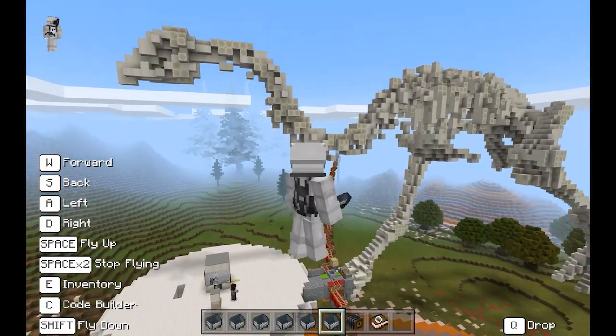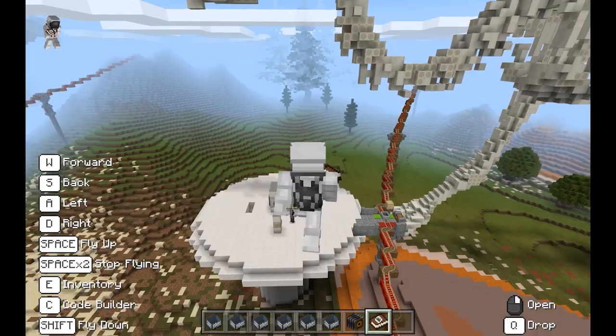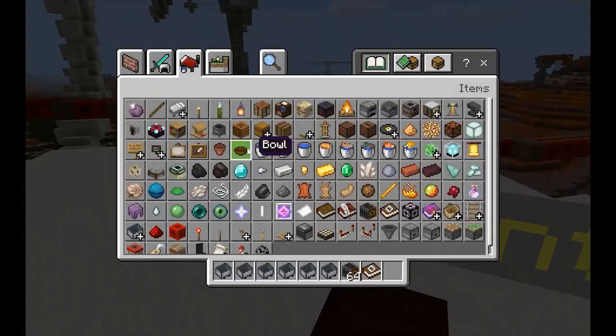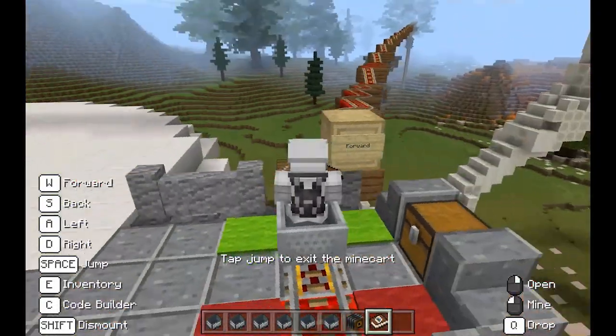Let's see. There we go. And this is the moa. And it went extinct just because of hunting. And let's head back to our minecart. And here we go.